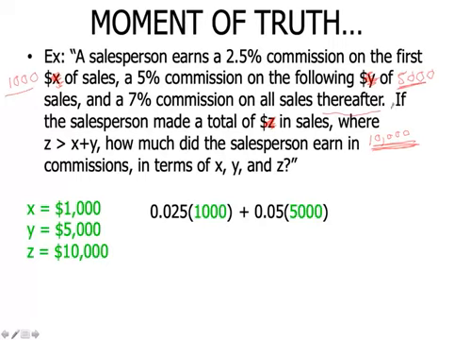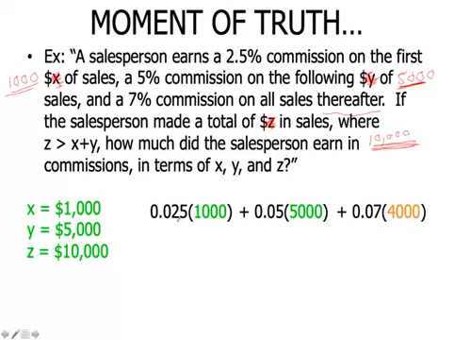Well, to get to 10,000, I sold 4,000, right? I sold 1,000, I sold another 5,000 for a total of 6,000, and then I need to make 10,000, so that's another 4,000. So it's going to be 7% of 4,000. If you mess that up, that will do you in.